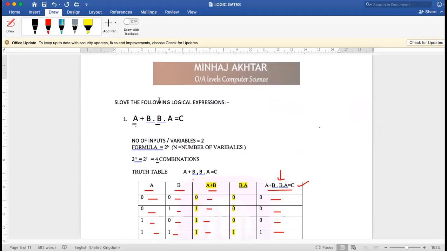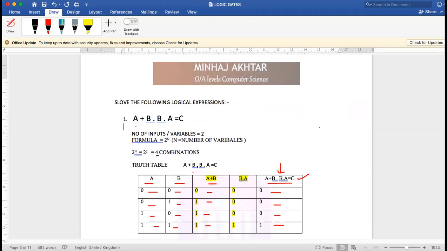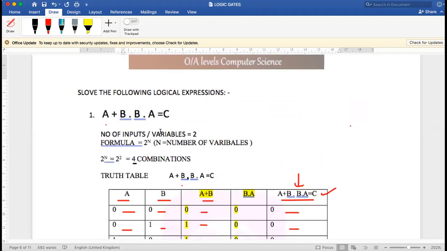So the question is, solve the following logical expressions. Remember, logical expressions. So you can see we have a logical expression A or B and A equal to C. This is our question. Now, first thing, how many variables are there?